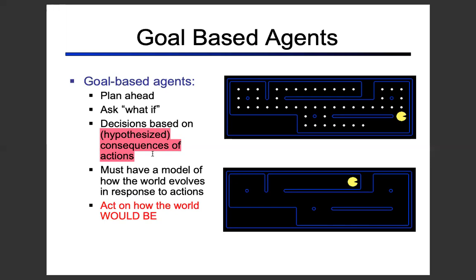Now, talking about your models, an agent can help to create a better model. It must have a model of how the world works and responds to actions. It means the agent has a model that tells how the world can work and how the world would be.